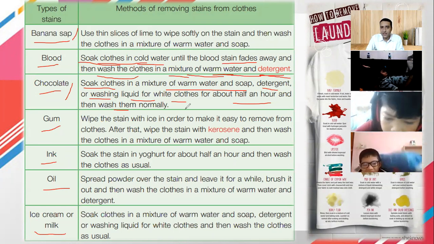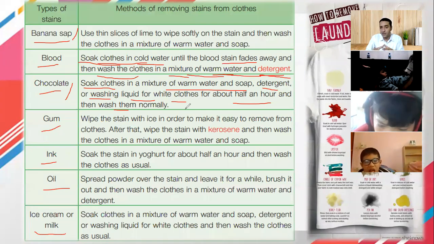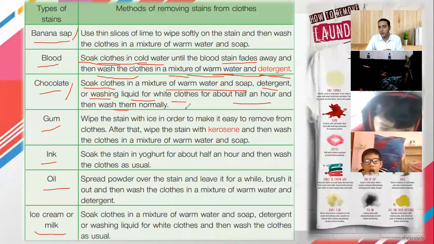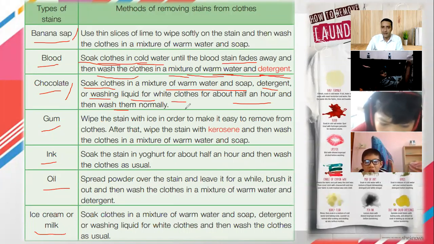So we have to soak it in a mixture of them, but the mixture has to be warm water. After that, especially for white clothes, we soak it for a minimum of 30 minutes. And after that, we are going to wash it normally, the way we normally wash.